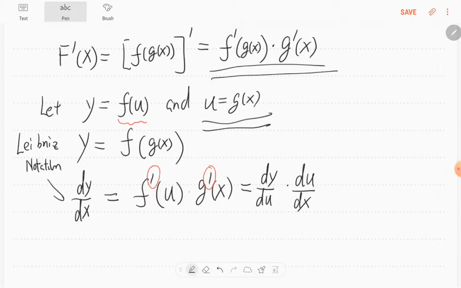You can see that for dy over dx of this composite function, we use u as a bridge. We take the derivative with respect to u first, then multiply by the derivative of u with respect to x. It looks like you can cancel out the du and du, one on the top and the other on the denominator. It looks like you can cancel them out, but actually this is also the chain rule.